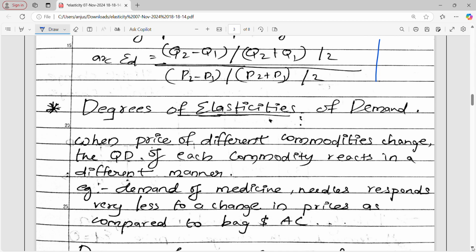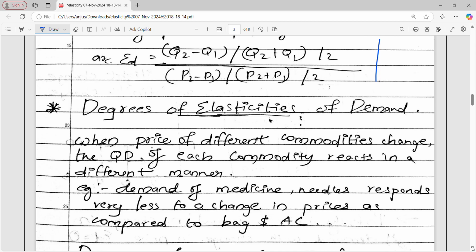But if we speak of television or fridge, if the price of these electronic equipments is increased, the quantity can decrease a little bit. Or if the price of a medicine decreases, the quantity may not increase, because medicine is not useful for people who do not require it. It's only for the patients. So the patient will only buy that even if the price increases or decreases.